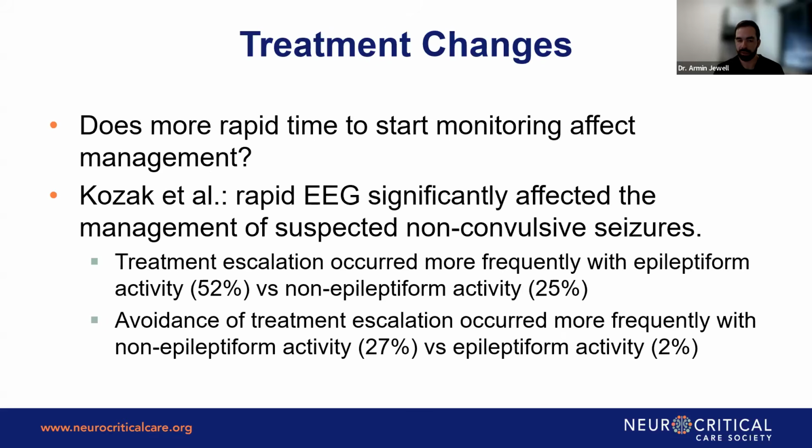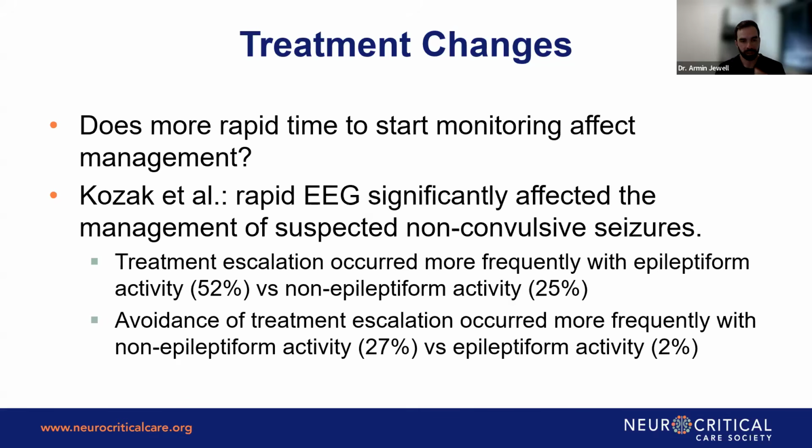You would anticipate that if you are monitoring more rapidly, quicker to see the abnormalities if they're there, you'd be able to treat faster. And that is what they saw in this study, that they showed treatment escalation occurred more frequently when there were abnormalities on the rapid EEG or point of care EEG versus when they didn't see epileptiform activity on the EEG.